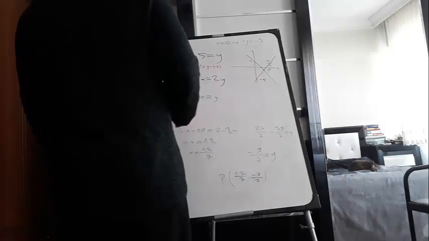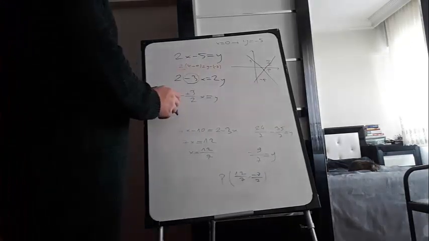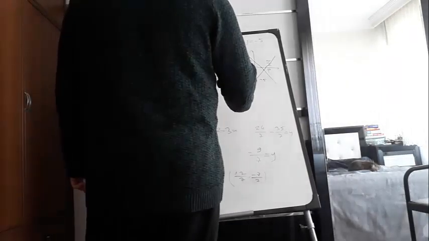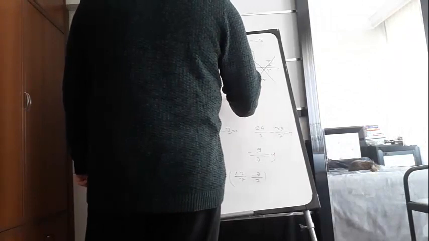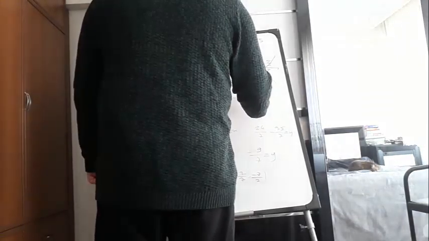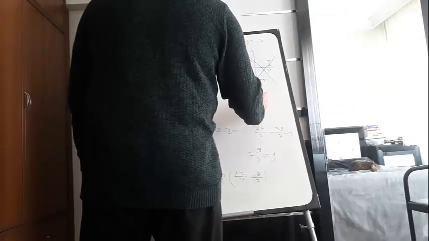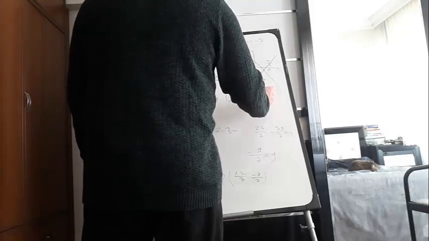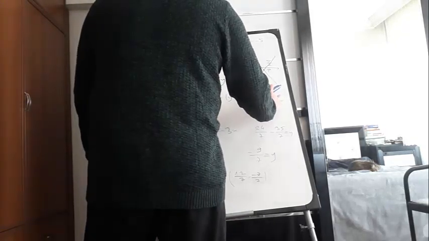Here the 1 is positive, this is negative. Now, y minus 1 equals minus 3 over 2 times (x minus 0).